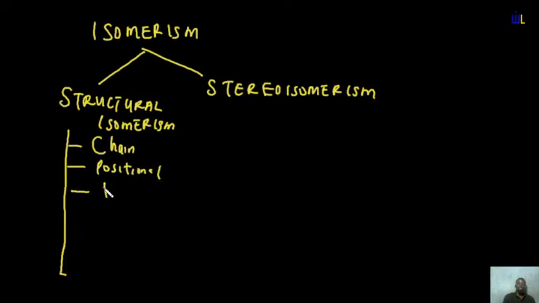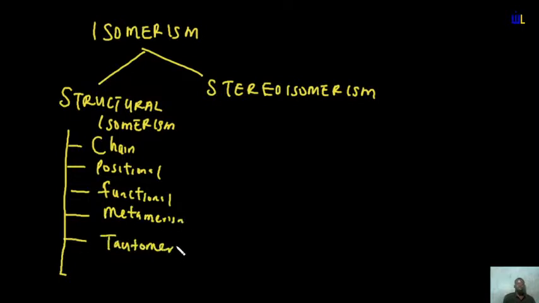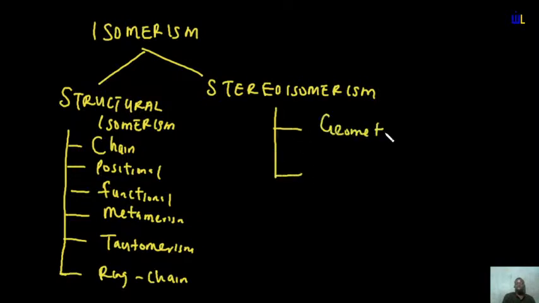Third one is functional isomerism. The fourth one is metamerism. The fifth one is tautomerism. And then the final one is ring chain isomerism. Then stereoisomerism basically has 2 types: geometric and finally optical isomerism.